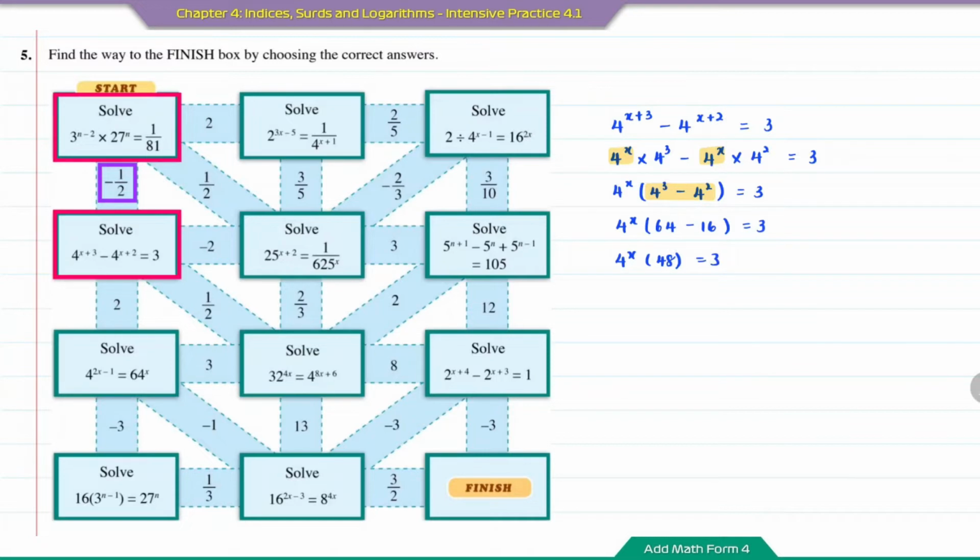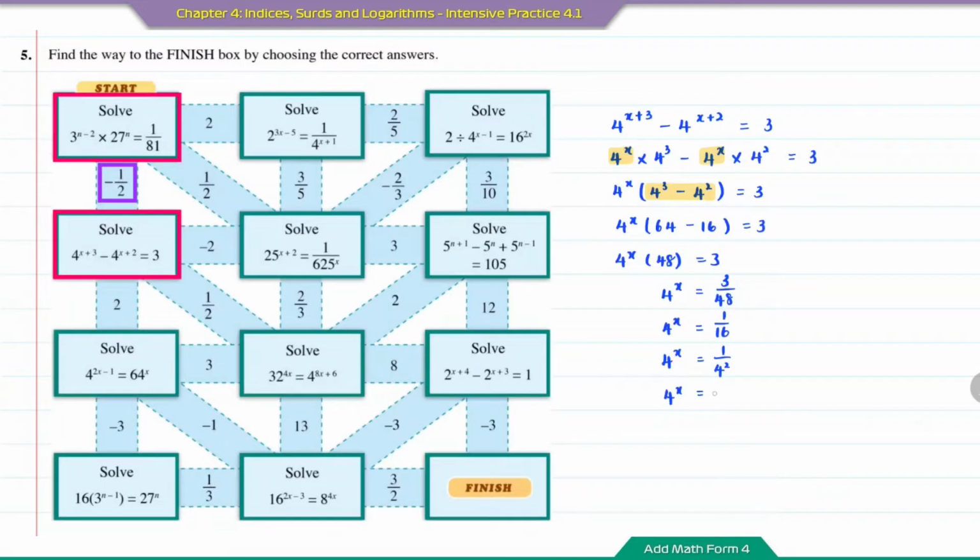Next, we have to move this 48 to the other side. So 4 to the power of x equal to 3 divided by 48. Simplify this by dividing it by the number 3. You're going to get 1 over 16. And this 16, you are able to change it to the number in base 4, which is 4 to the power of 2.